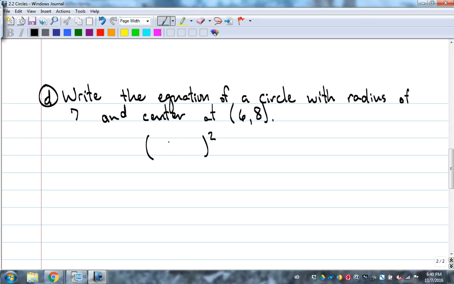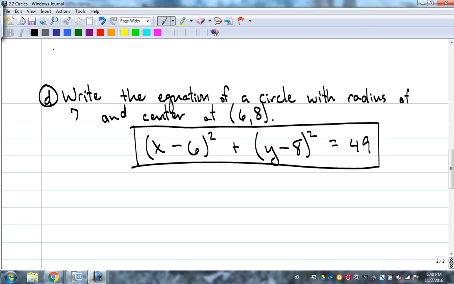So I know it's going to have this stuff. What goes in there with the x? Negative 6 and negative 8 in there with the y. What's over here on the equals? 49. Good job. And there's the equation of the circle that has a center at 6, 8 and a radius of 7.